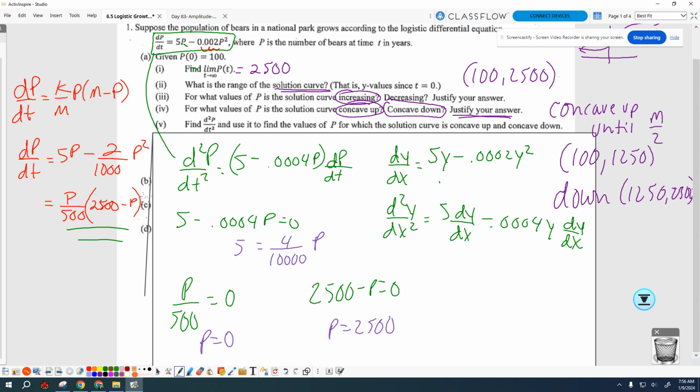I got an extra decimal. I do, I copied it wrong. So now it's 250. 250 times 5. That's the max carrying capacity.